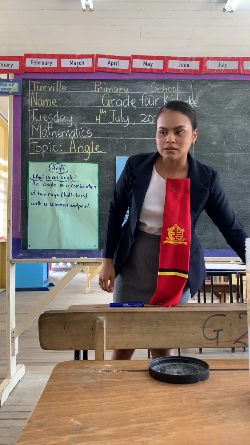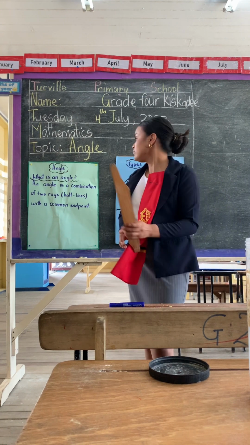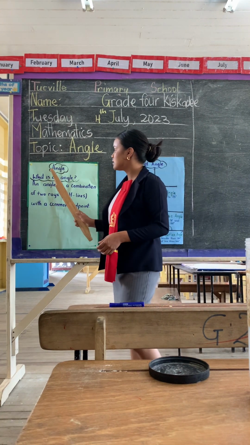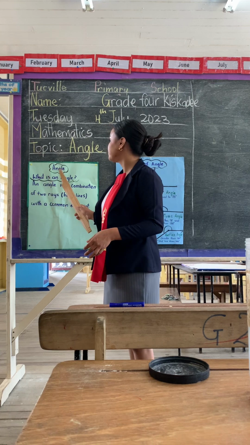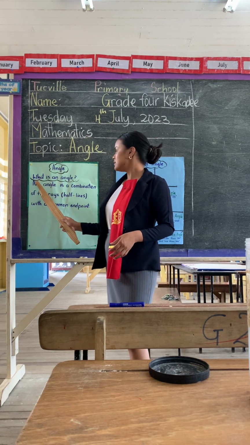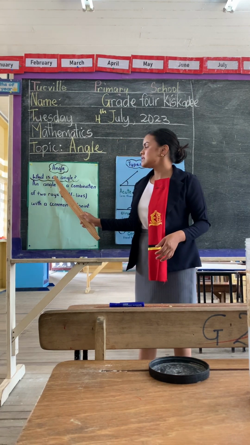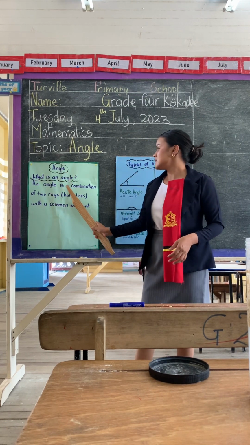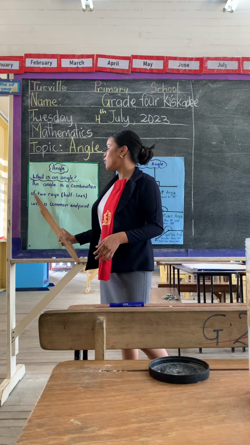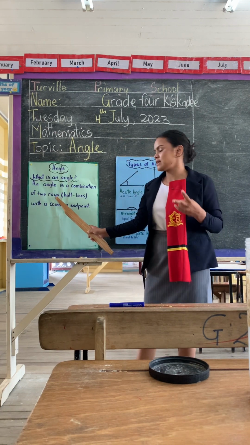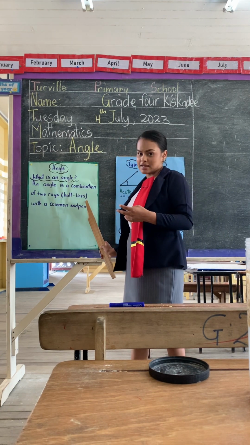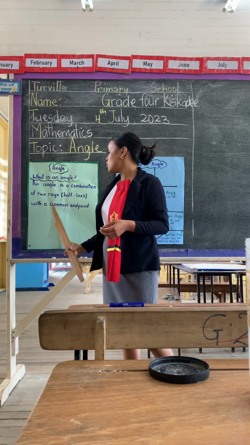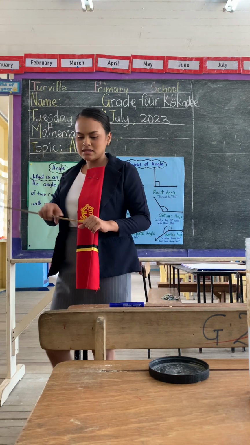What is an angle? So, let's read what an angle is. An angle is a combination of two rays, half lines, with a common end spot.